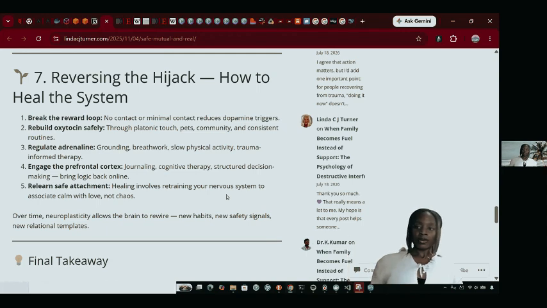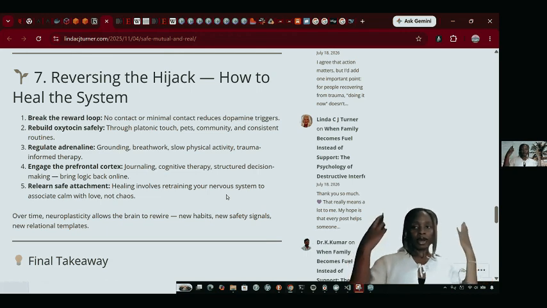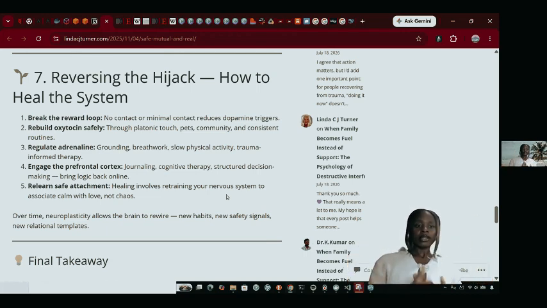So practice grounding, breath work, physical activity, and all that. Then engage the prefrontal cortex. Remember, this whole hormonal cocktail is in your limbic brain, so we want to bring our functional brain back online, then relearn safe attachments. So I think that's about it.